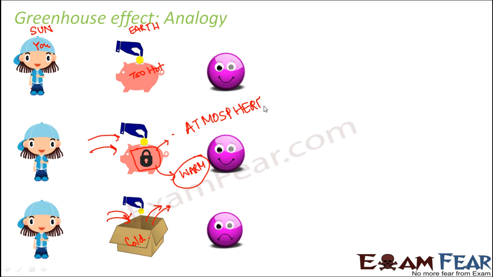To talk more precisely, what in the atmosphere is causing this to happen? The greenhouse gases. The greenhouse gases in the atmosphere cause this greenhouse effect. This entire phenomenon where certain gases in the atmosphere tend to reabsorb and re-emit the infrared radiation is why we see this greenhouse effect. We will now talk about what these greenhouse gases are exactly.